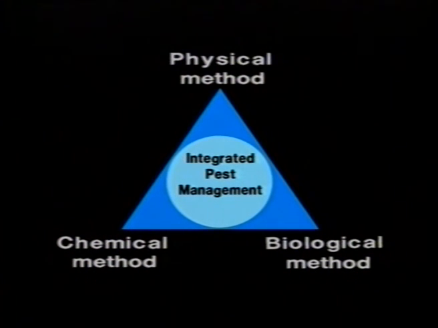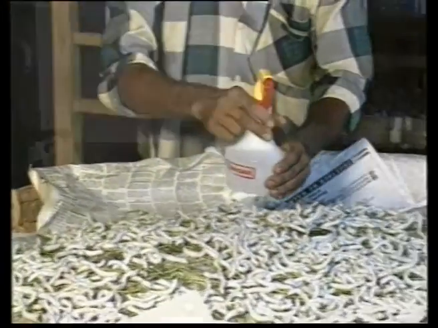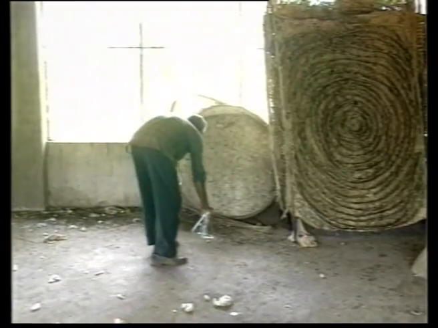This integrated approach has been demonstrated in some villages of Karnataka and Tamil Nadu. About 80% suppression of oozy infestation has been observed. With this approach, the highly destructive oozy menace can be suppressed to keep infestation below economic injury levels.